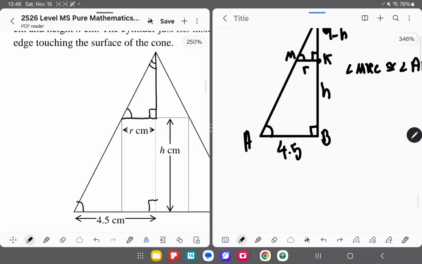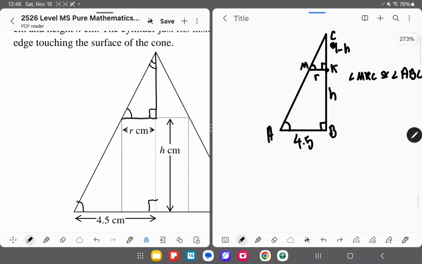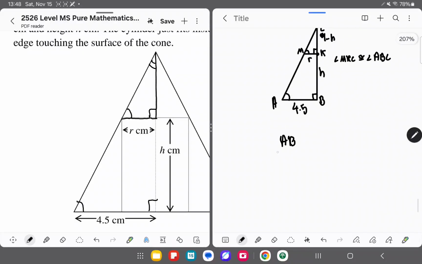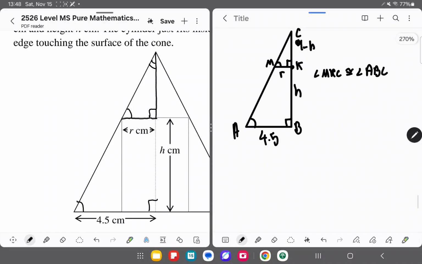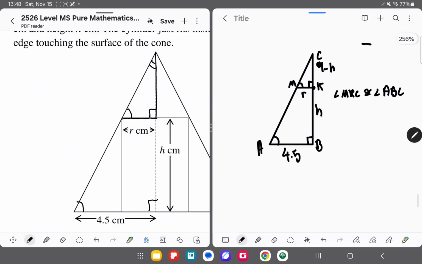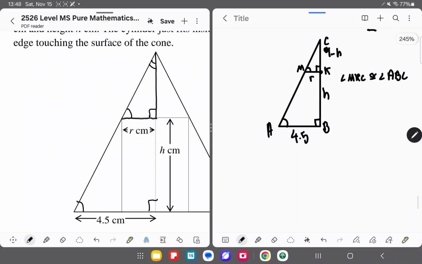We'll go back to our diagram here. Let's say, for example, we take the whole side CB, and we'll take any angle facing a side. So let's say we have angle C here.